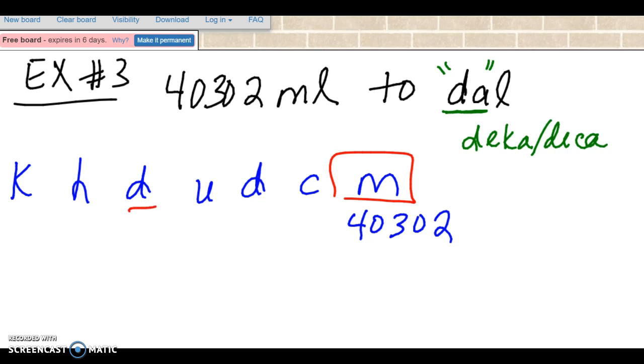So we want to end up all the way over here, and we need to see how many spaces we have to move our decimal place. Let's count them out: 1, 2, 3, 4 spaces. In which direction? 4 spaces to the left.